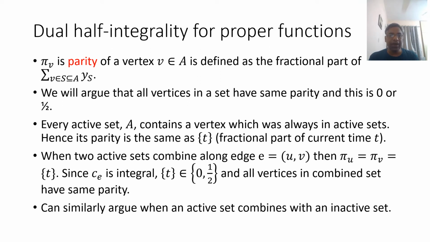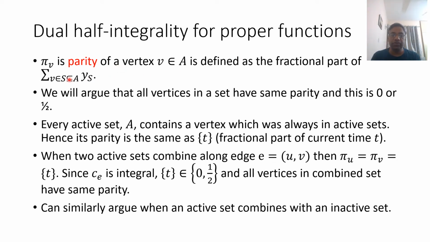So let's define the parity of a vertex v inside a set A as the total dual that this vertex v feels from subsets of A. So the sum of y_S over S with v in S and S a subset of A. So there's a total dual that this vertex feels from subsets within A.